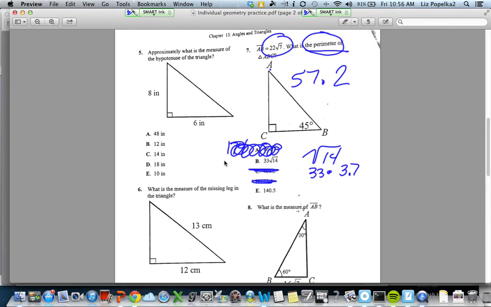That gives me about 123. So I've got a pretty decent shot because this is probably pretty close. If I'm just taking a good guess, I'm probably going to guess that E is the correct answer because these two sides don't look a lot shorter than 57, so my perimeter is probably going to be closer to 150. So right now, I'm just taking a 50-50 guess between B and E, and I'm going to guess that E is probably the correct answer.